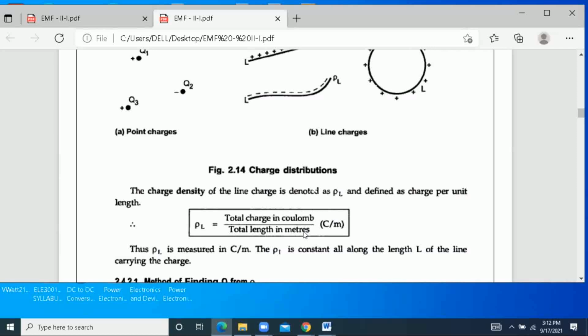So if you want to find the force or the electric field intensity, Coulomb's law remains the same: Q over 4 pi epsilon naught R squared, a_R. But your Q, if it's a line charge, is now your total charge on the line.